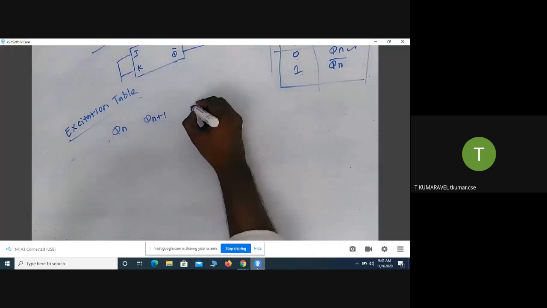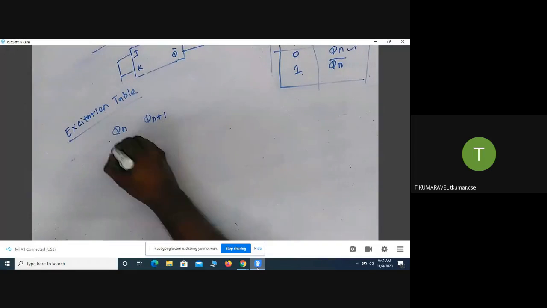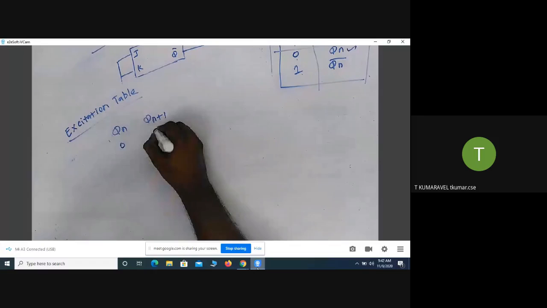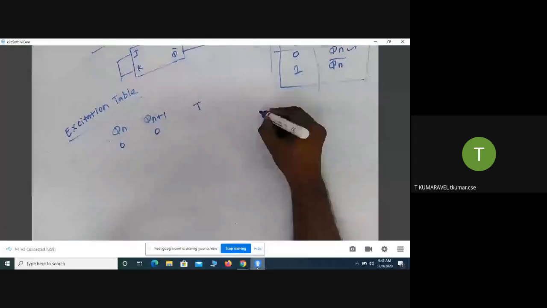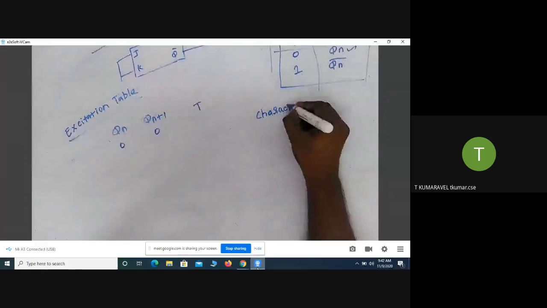Suppose 0 0, we tell what the input combination for T is. That is called the excitation table. In order to do this operation, you need the characteristic table.